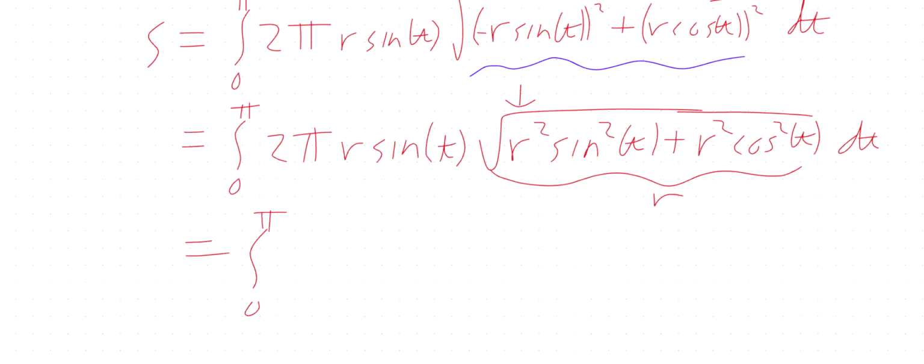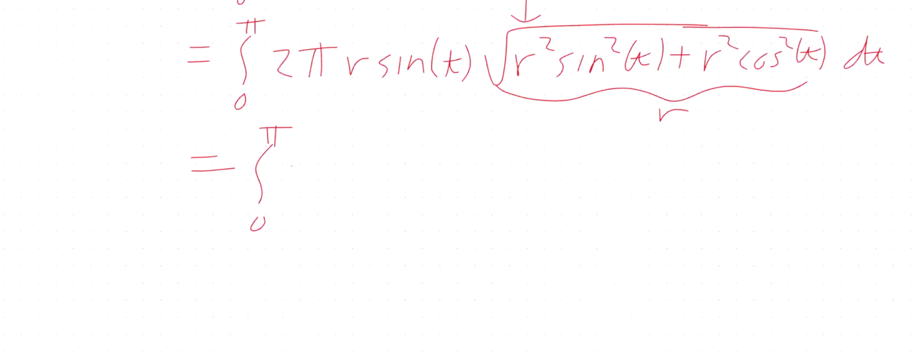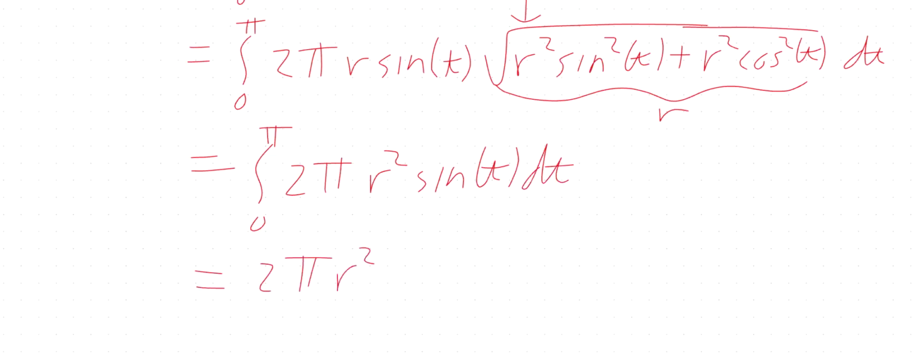So our equation becomes this. Then we get negative cosine going from 0 to pi.